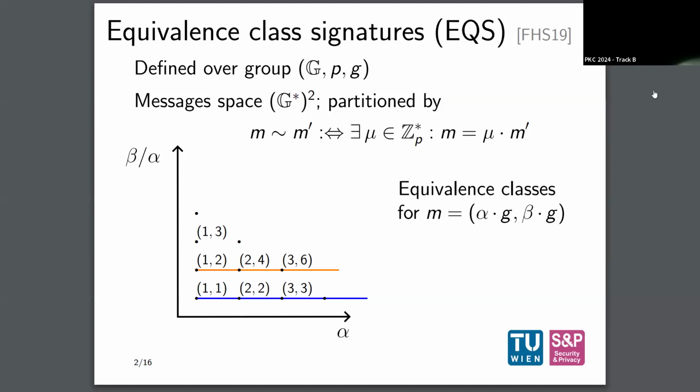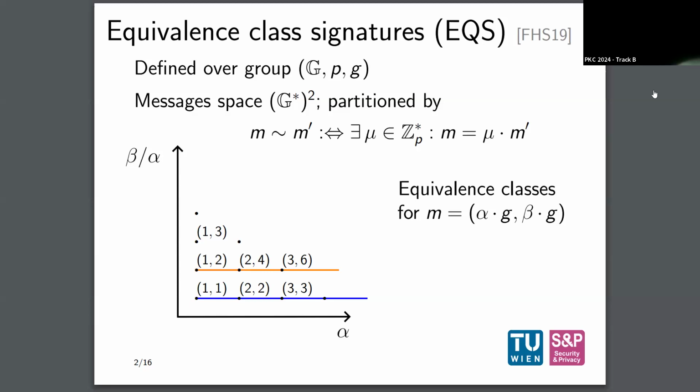We then don't plot them like we would usually plot them, but on the x-axis we plot alpha, and on the y-axis we plot beta divided by alpha, so the ratio of the two d-logs. What we get from that is that the classes are exactly all the horizontal lines. So for example, the point 2, 2 here corresponds to the message that's g squared, g squared. So here are the d-logs of the messages.